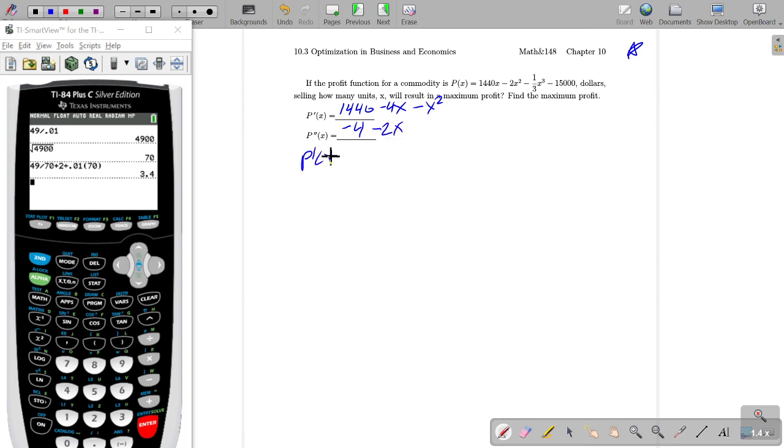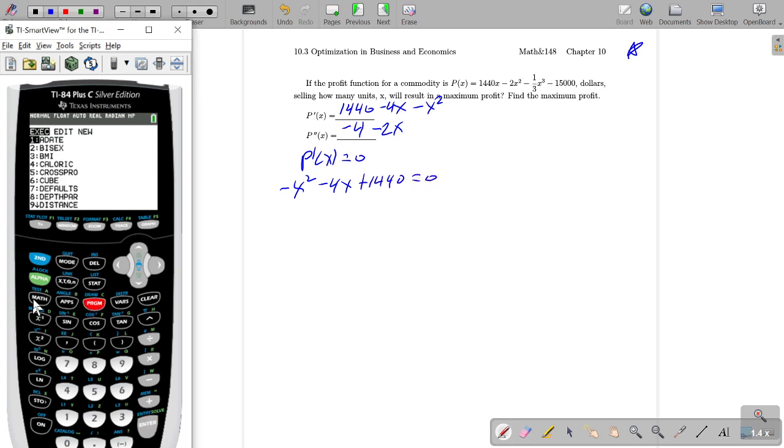So p prime of x equals 0. So that would be negative x squared minus 4x plus 1440 equals 0. So quadratic: negative 1, negative 4, 1440.